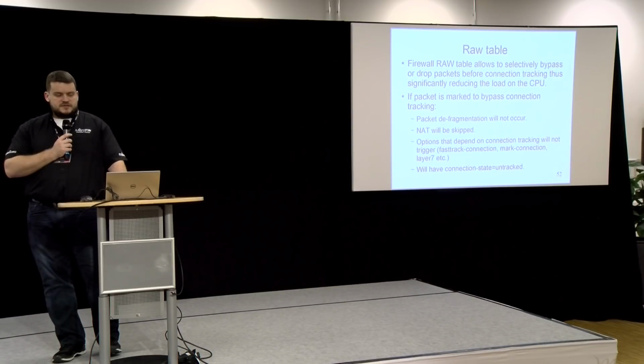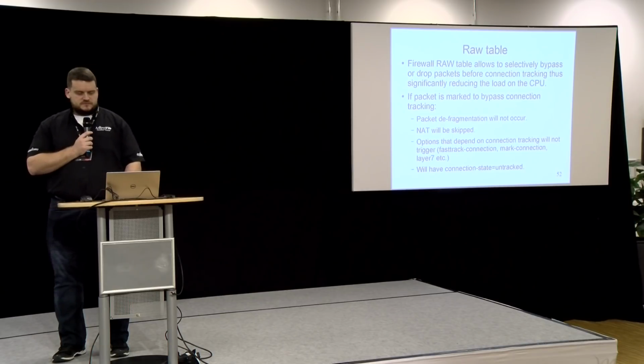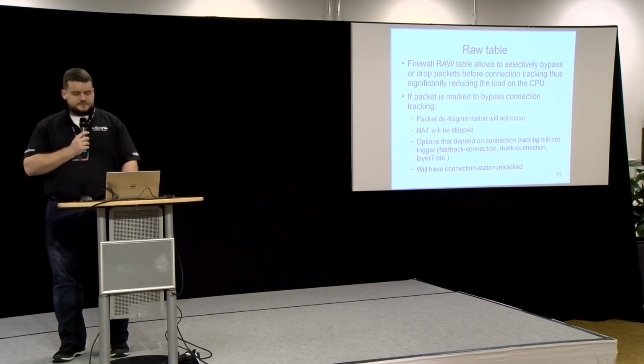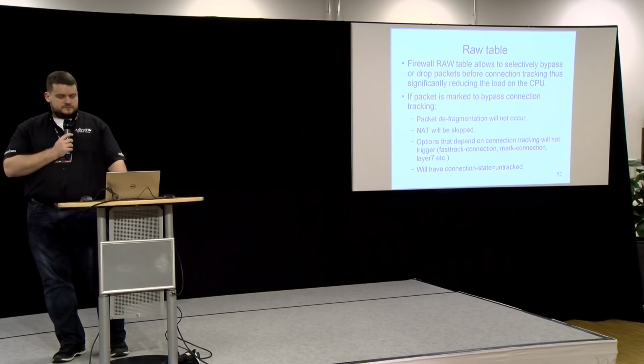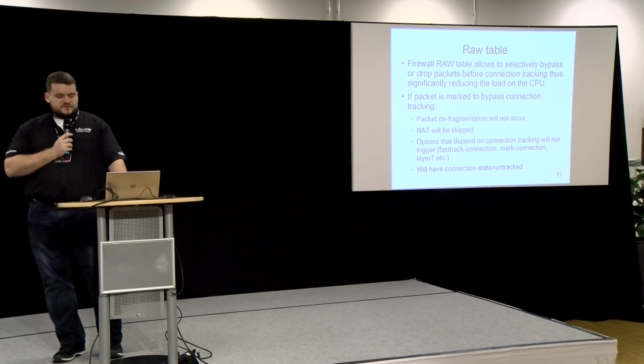So if you're not sending something to connection tracking, there will be no defragmentation. NAT will be skipped, which will help in this particular case. And of course, some of the other features will not work. And this traffic will have the new connection state, connection state untracked.